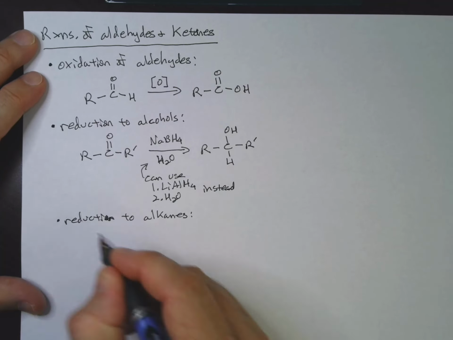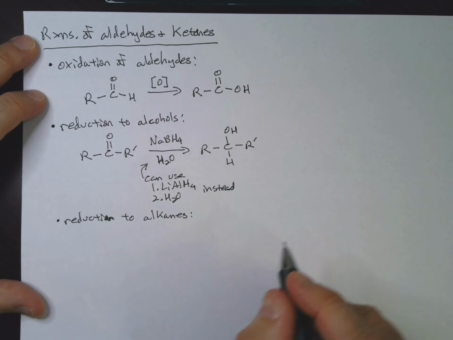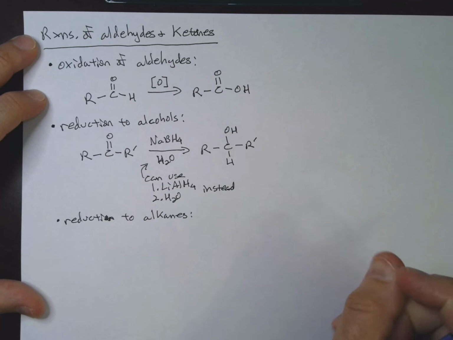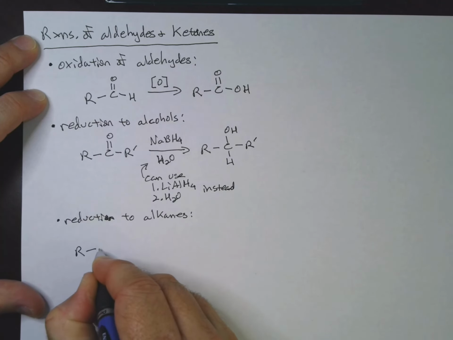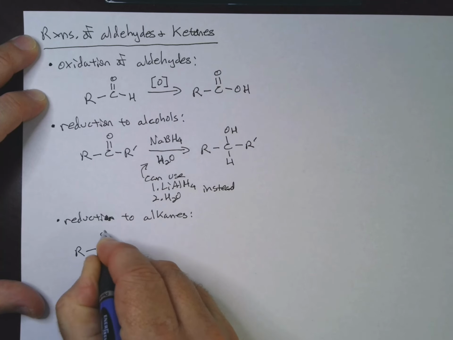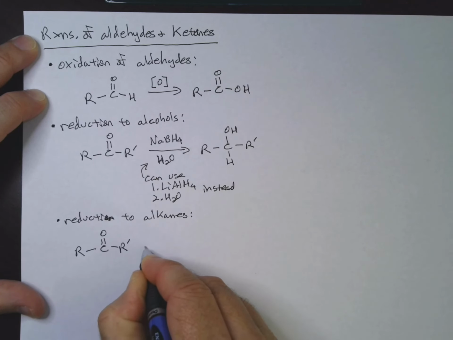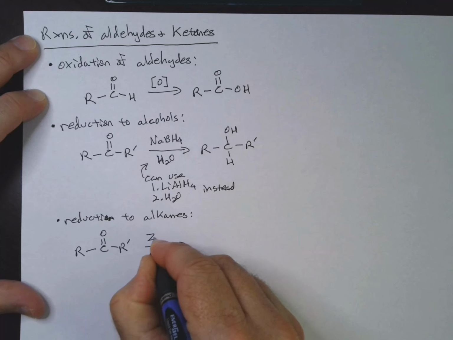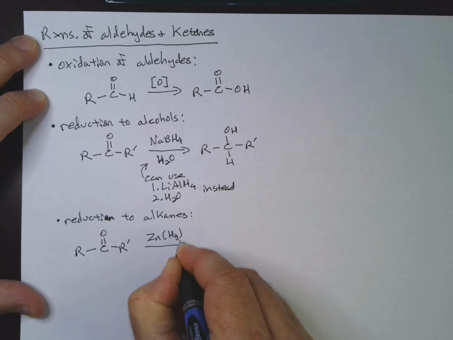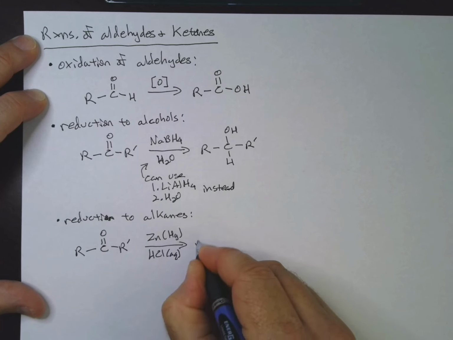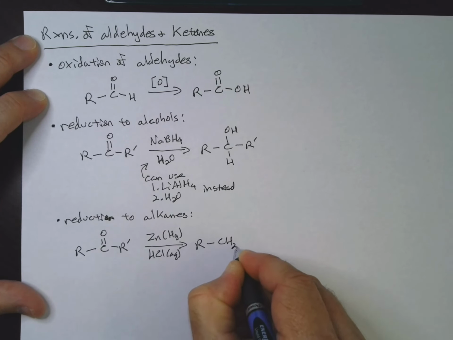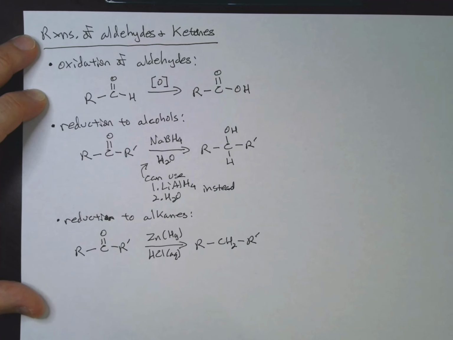One example is the Clemmensen reduction, and that gives us RCH2R prime.